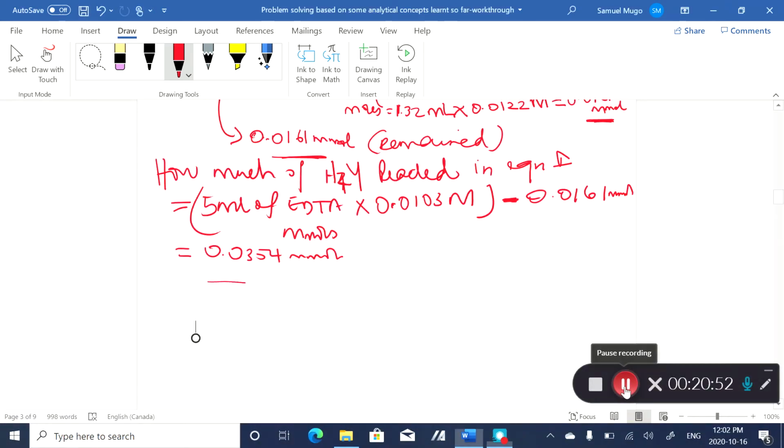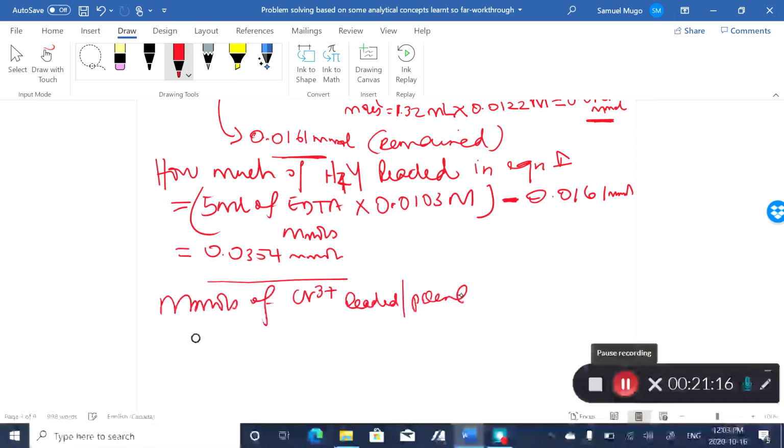Remember, how much reacted is equivalent to the moles of chromium that was actually present, right? Because of the one-to-one stoichiometry, the millimoles of chromium that reacted, or that was essentially present in the sample, would be equal to how much of the EDTA reacted, which is 0.0354 millimoles.